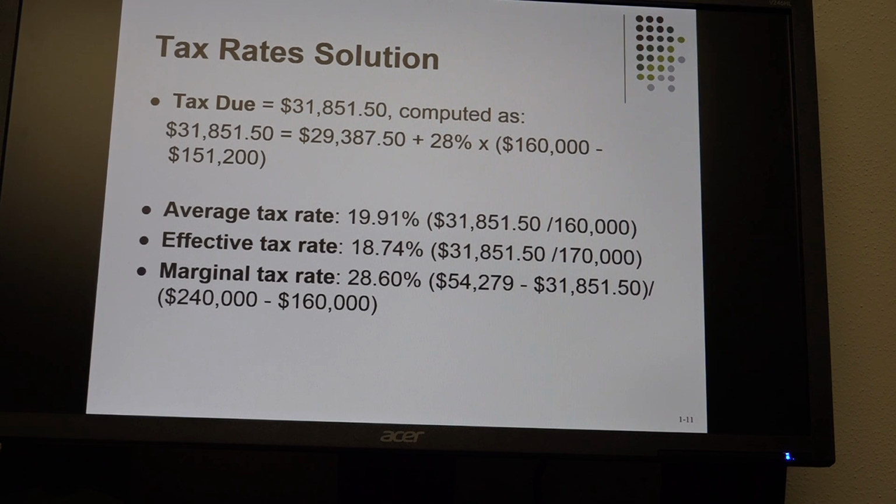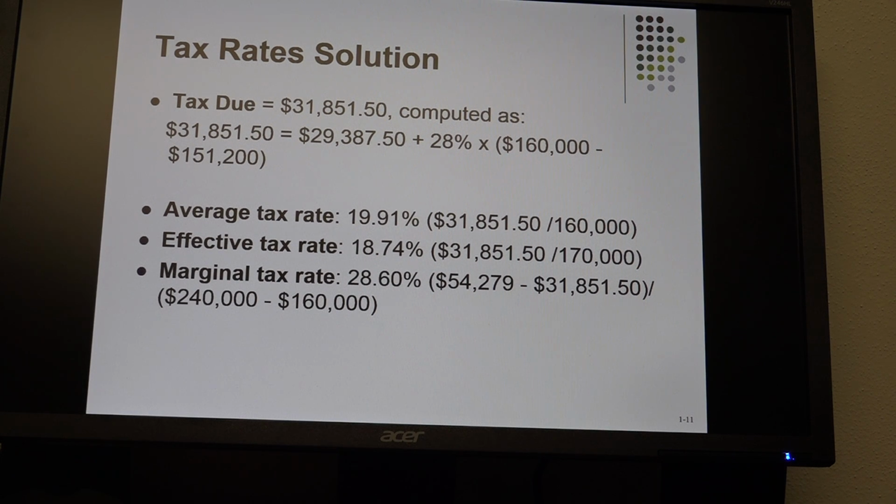And then marginal tax rate, they simply ask the question, what would be their marginal tax rate if they added an additional $80,000 of income. And so they determine what the taxes owed would be for the additional 80,000. That's 54,279.